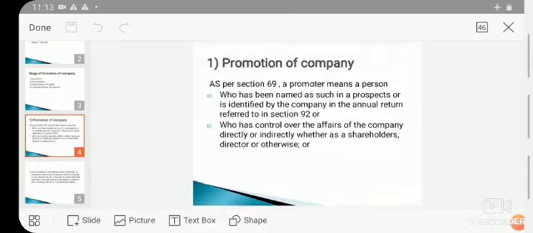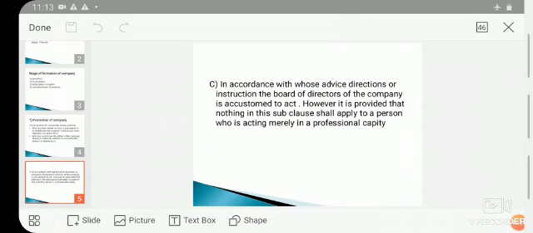Next, the third one, number C: in accordance with whose advice, directions, or instructions the board of directors of the company is accustomed to act. That means if the board of directors of the company acts in accordance with the instructions or guidelines of such persons, those people are considered promoters.